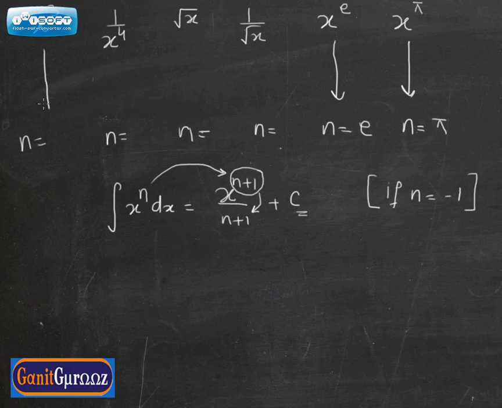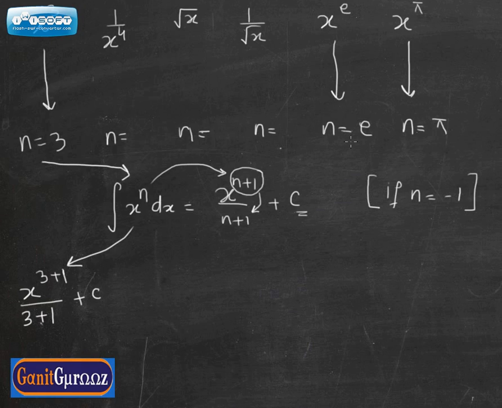This is another one which is really simple. I know n is equal to 3. So if I plug this 3 in here, I will get x raised to power 3 plus 1 upon 3 plus 1 plus c.